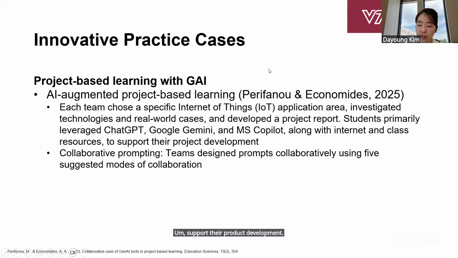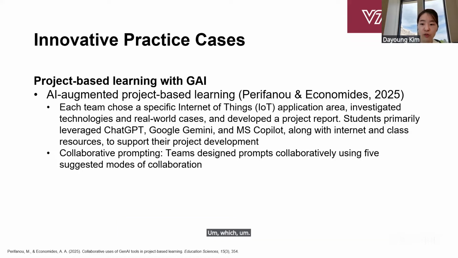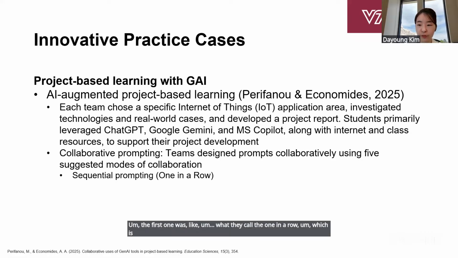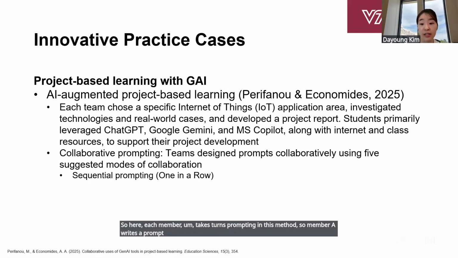Actually, a key innovation here was collaborative prompting in project development, which turns prompting into a collaborative skill itself. They provided 5 different options of prompting. The first one was what they call one in a row, which is sequential prompting. Here, each member takes turns prompting. Member A writes a prompt, and everyone sees the AI's response.